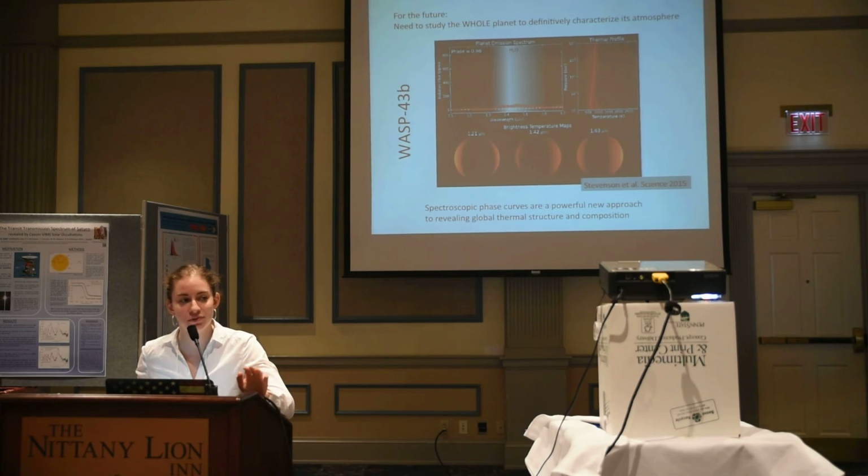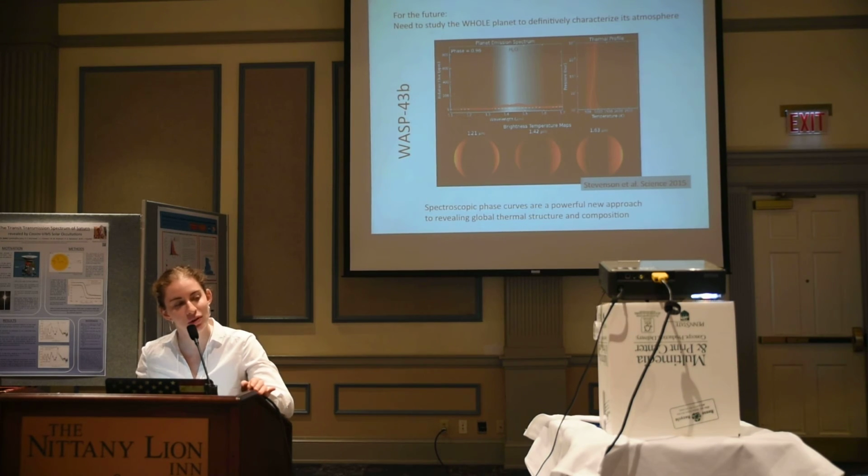And so we explored a lot of different models, and eventually what we settled on was a parameterization that included an opaque gray cloud depth, as well as a haze that was parameterized by a power law scattering amplitude. And Bjorn, in his new paper, included a more physically realistic model of clouds and found similar results.